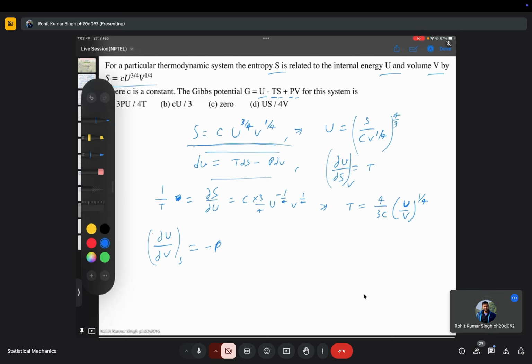Now we can calculate del U by del V. Also you can simplify it: C to the 4 by 3, and 1 by 4 into 4 by 3, so it's just 1 by 3. Is it fine?